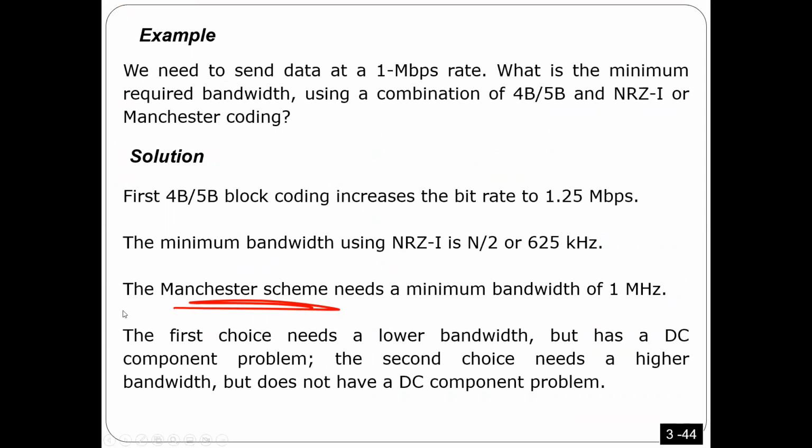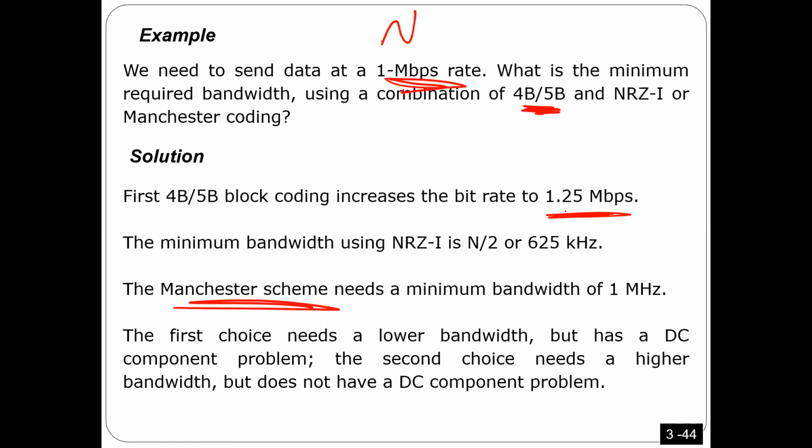Okay. So here I'm going to give you a numerical example. This is the bit rate. I want to transmit the data at 1 megabit per second using this scheme. Actually, I'm not going to send 1 megabit per second, but I'm going to send 1.25 megabit per second, because of the overhead I'm going to introduce. You got what I'm saying?